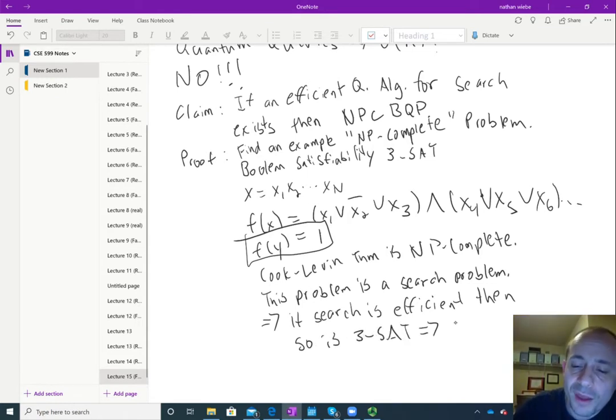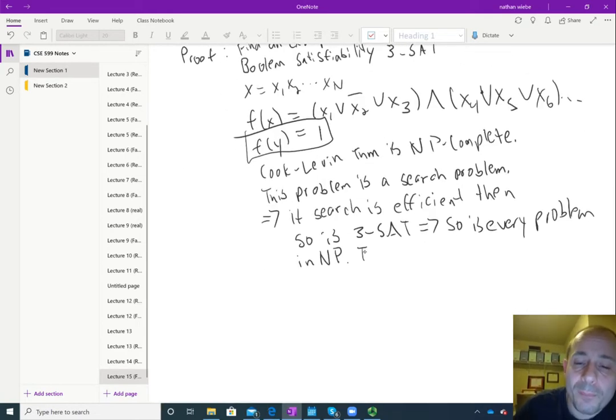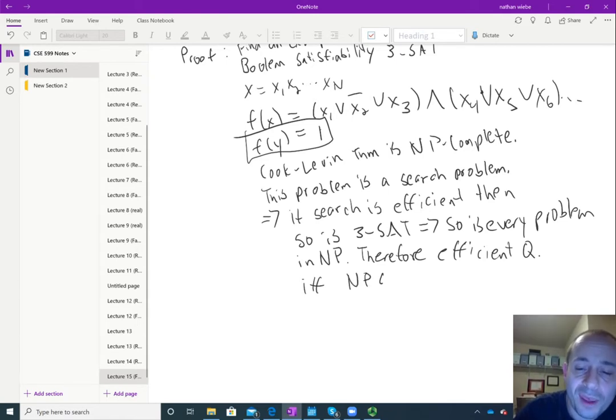And this implies so is every problem in the complexity class NP. And therefore, efficient quantum algorithms exist for this if and only if NP is a subset of BQP.